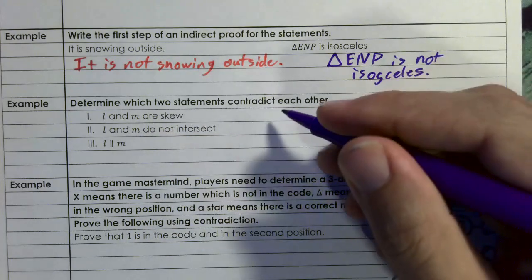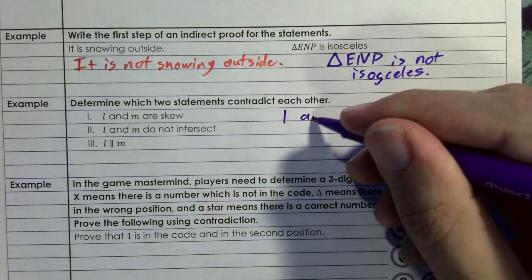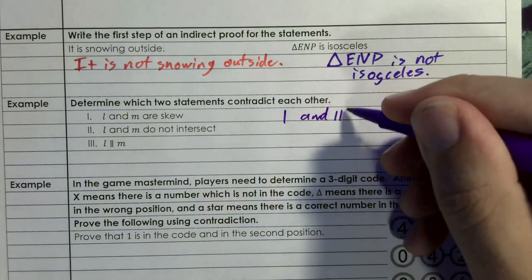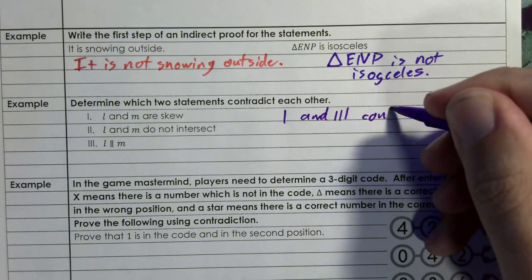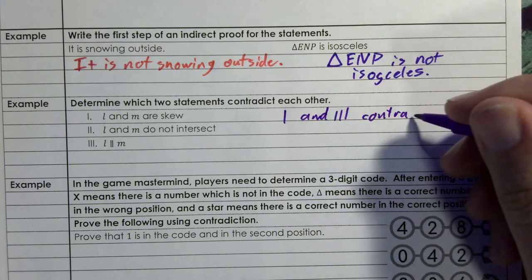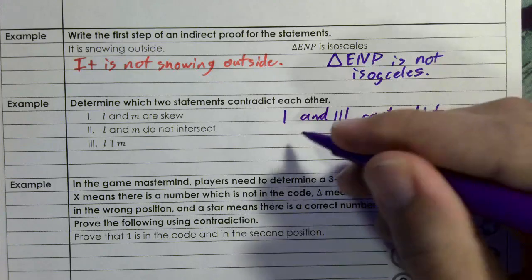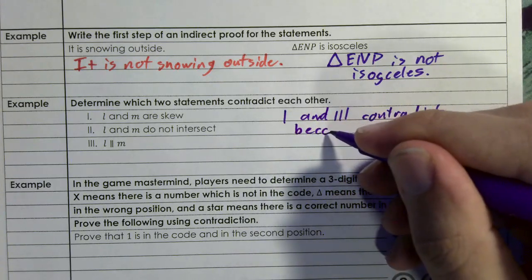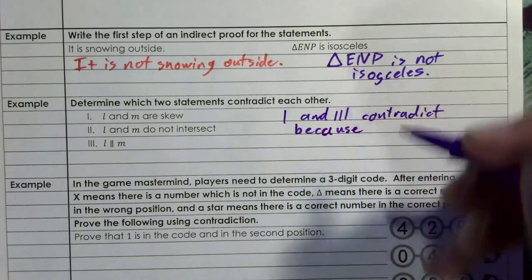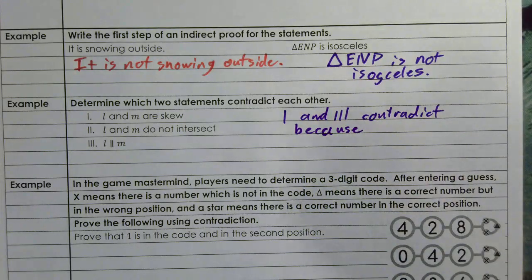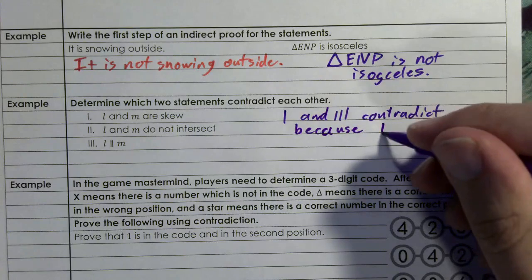However, 1 and 3 contradict because lines can't be both skew and parallel.